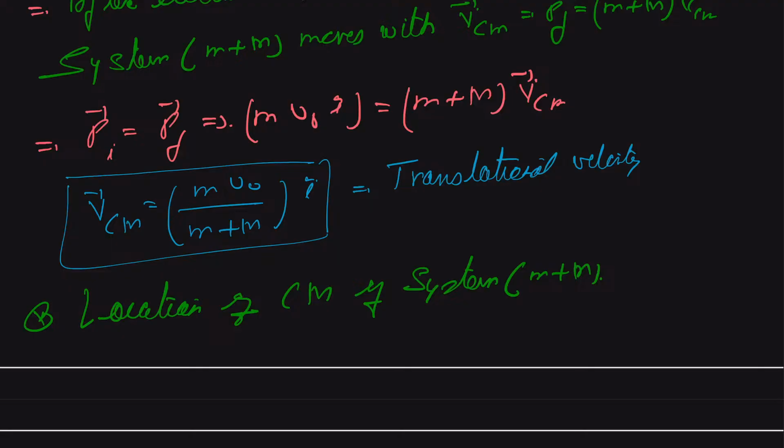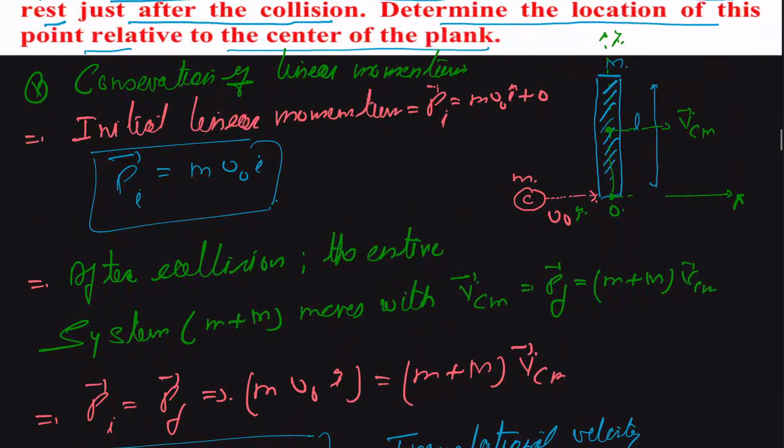Now in this case we are going to find out the system center of mass relative to the Plank. Okay, and the Plank's own center of mass is at L by 2. The child is at position y is equal to 0, because it is right at the end.